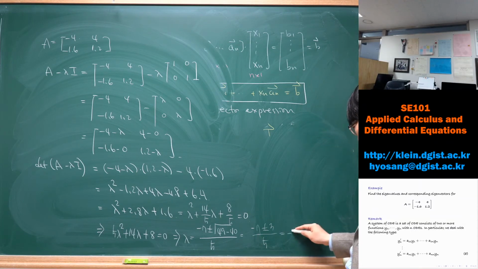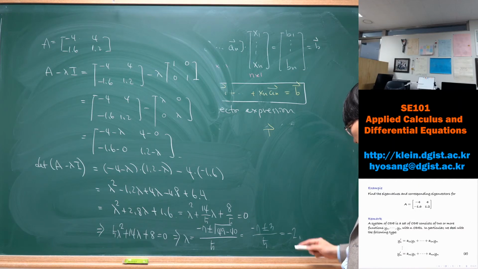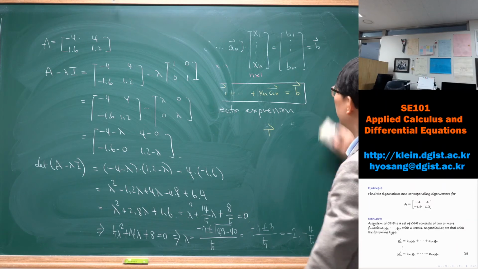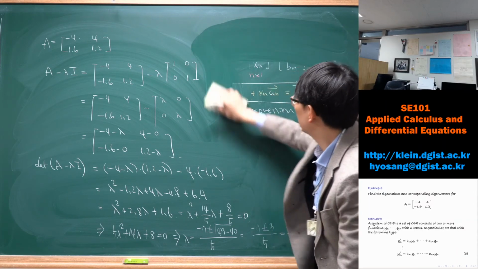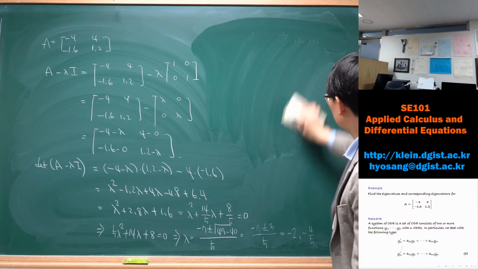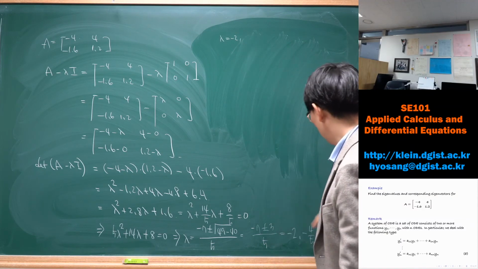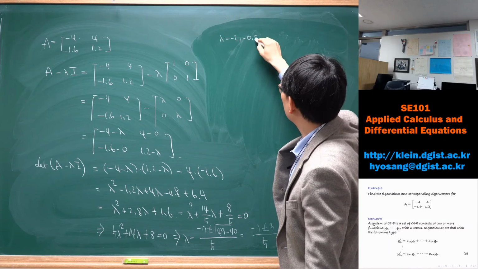So it's negative 2 or negative 4 over 5. So lambda is negative 2 or negative 0.8.